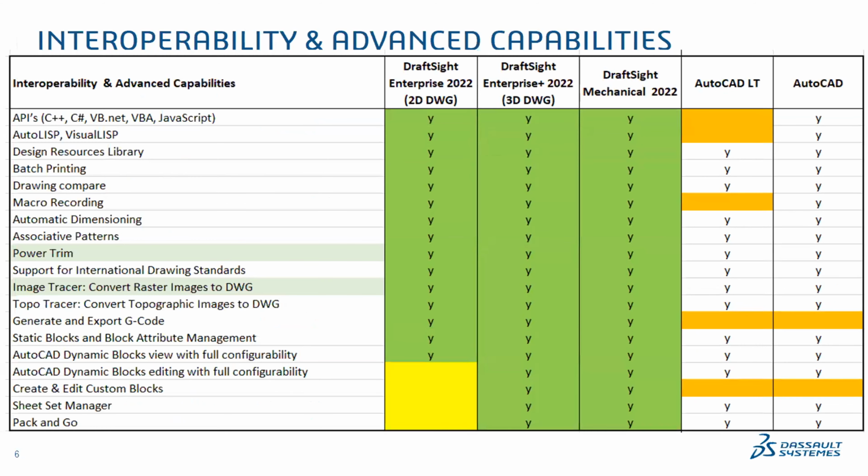Even when we go to some more difficult tasks and features linked to API plugins or opening old files, there too you will easily open your old AutoCAD files, DWG, with DraftSight solutions.